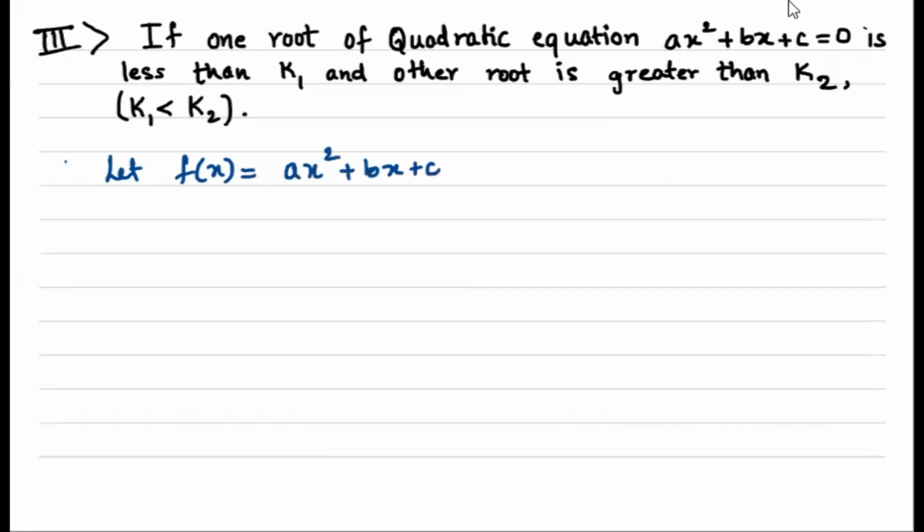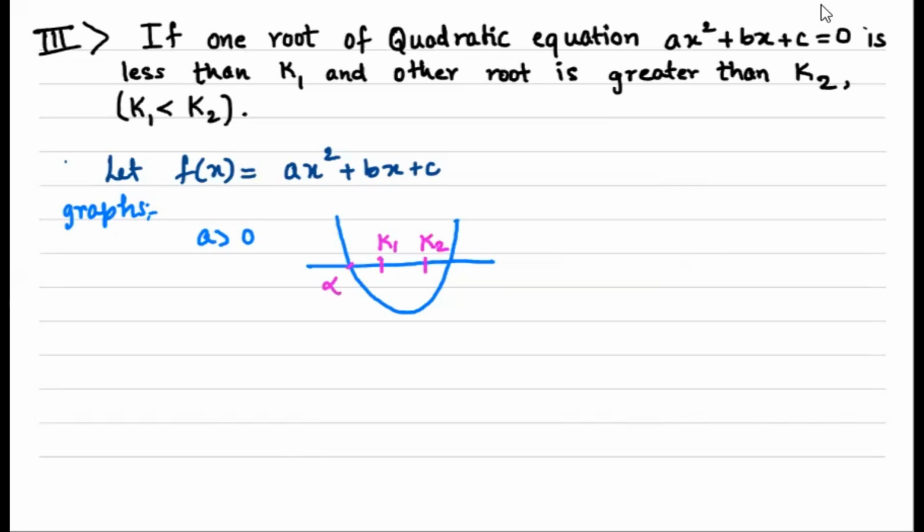Now, if I talk about the graphs, all the possible graphs. For a greater than 0, the first graph will be like this, where we have here k1 and this is k2. So this is our alpha and this is our beta, right?